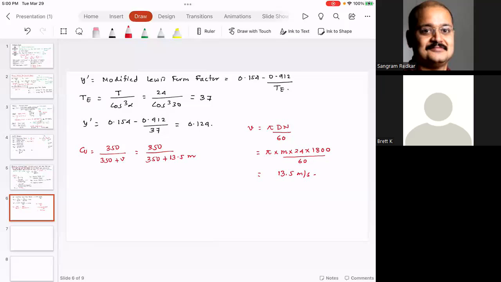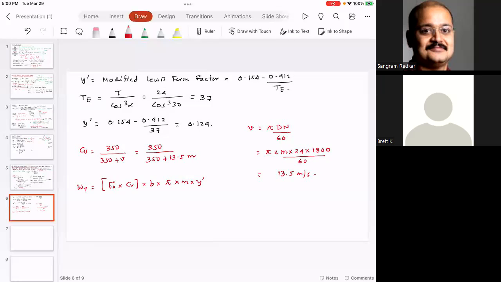Now the next part is WT is equal to sigma naught times CV times B times pi times m times y prime. And let's find out what would be the value of sigma naught.